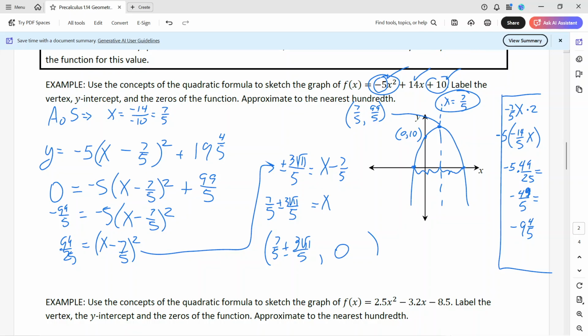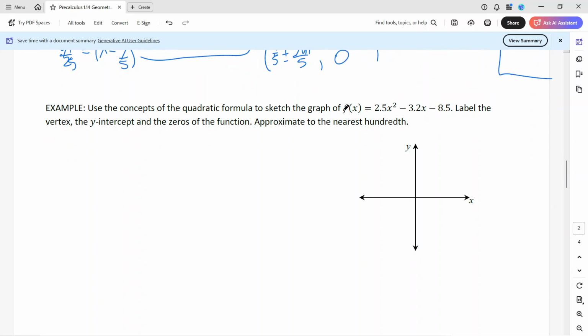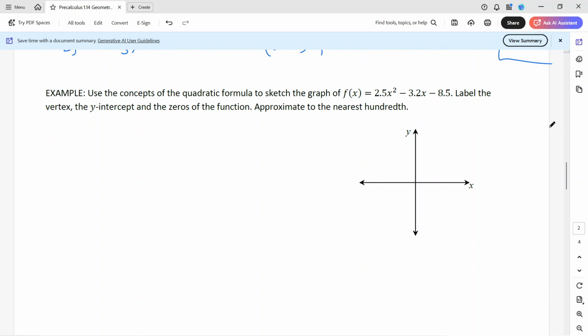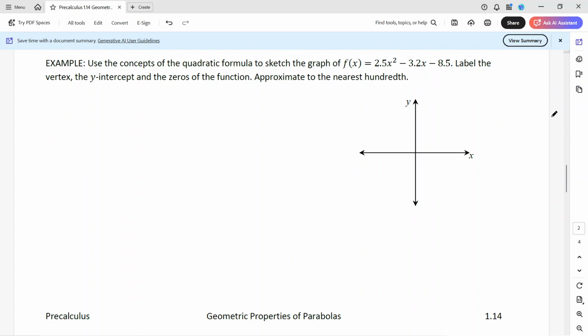Now, there are some times that it just gets so ugly, you just got to have a calculator. And so with a calculator, I would simply put in axis of symmetry. x is equal to negative b, so that'd be positive 3.2, divided by 2a, which would be 5.